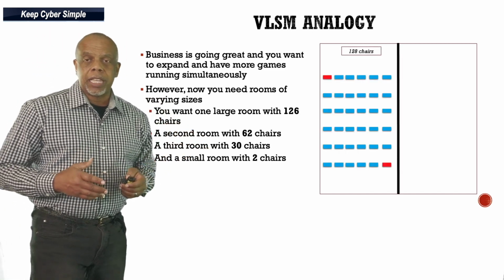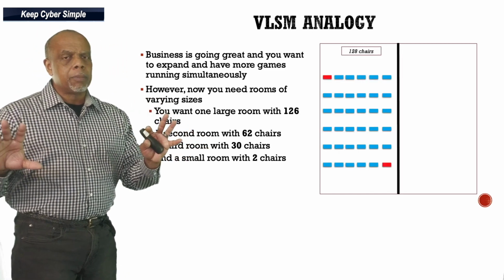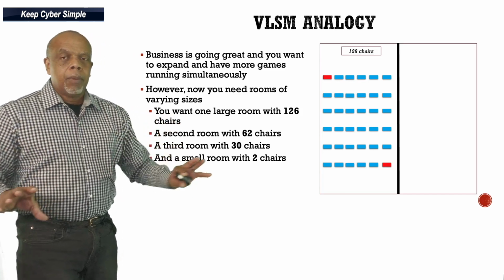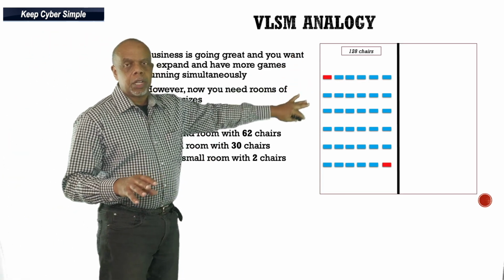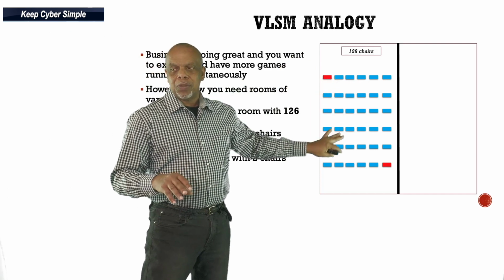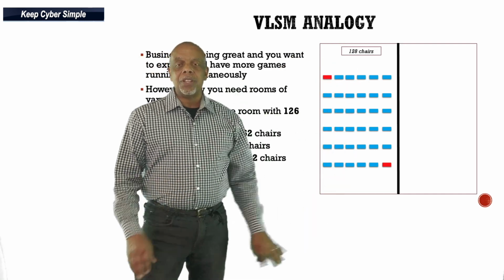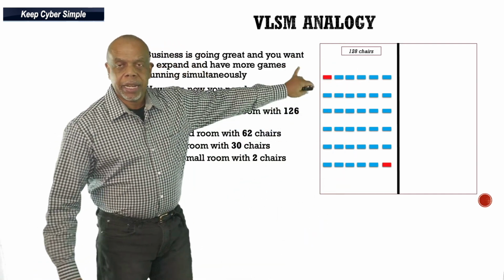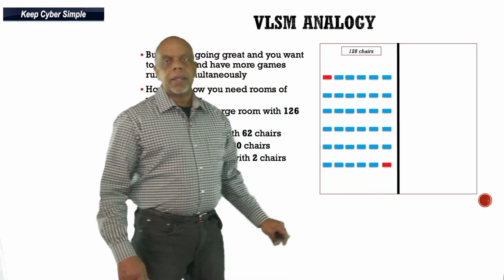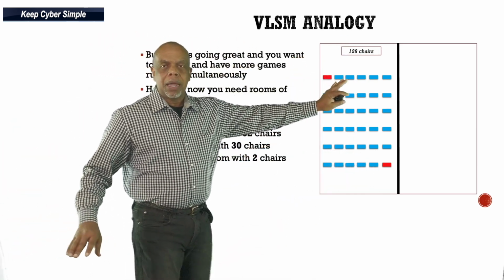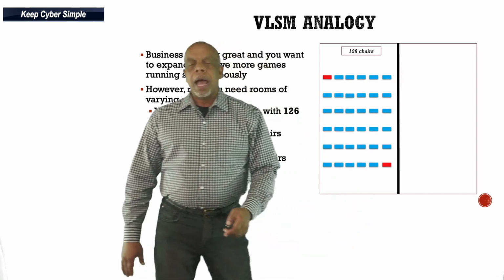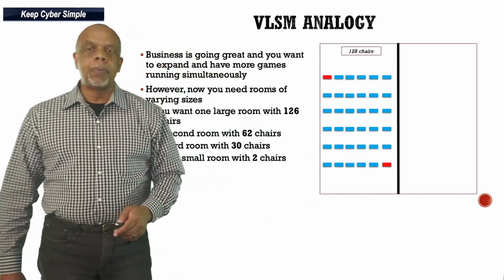So now what we want to do, let's say I want to divide the same room, we still got the same number of chairs, nothing changes with that. Well, I want to have one big room because this is where all the low spenders, the people with the $50 cards. So I need 128 chairs in there. Still got to have that caller, still got to have that checker, right? So I'm good there. But now I don't want to have another one whole big room. I want to subdivide this room up into different sizes.